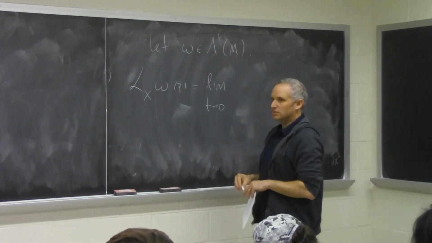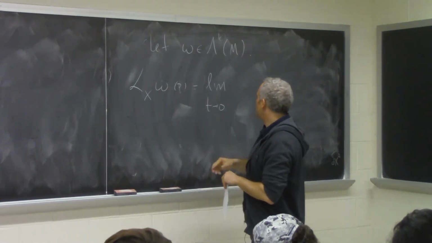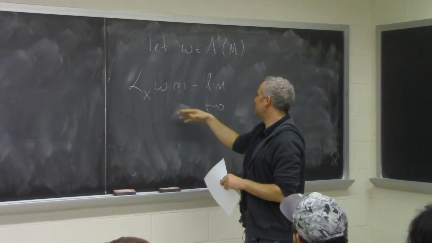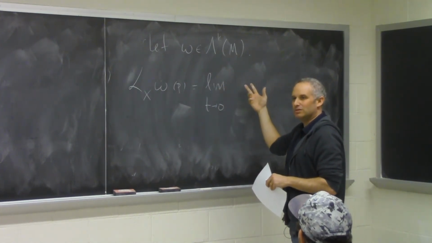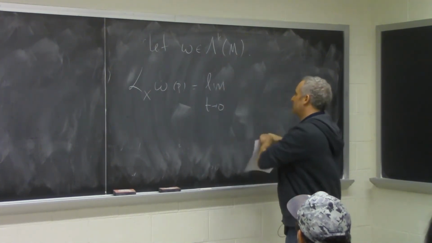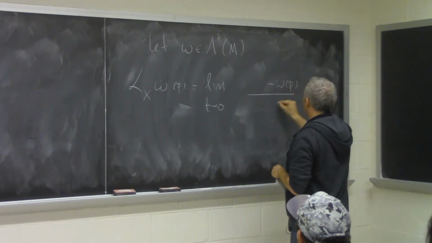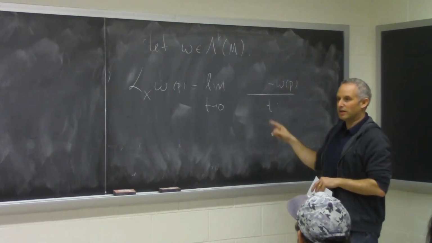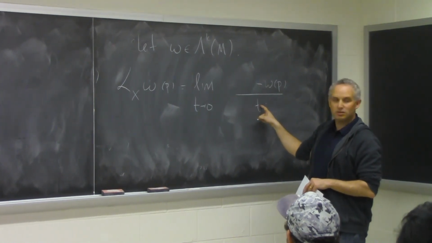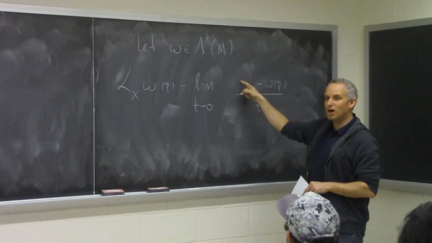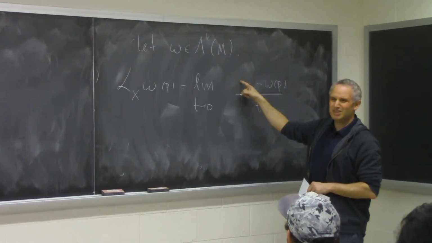And, well, what's the bad guess? You evaluate this at phi xt of p, subtract omega at p, and take the limit as t goes to 0. But they belong to the wrong vector spaces. Now you have to remember where these vector spaces lie.